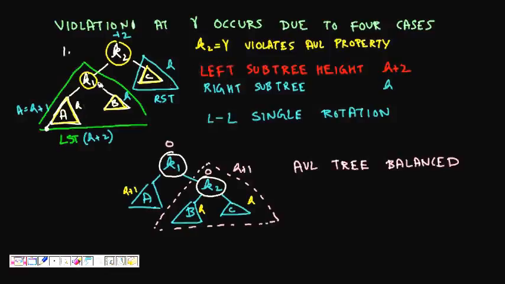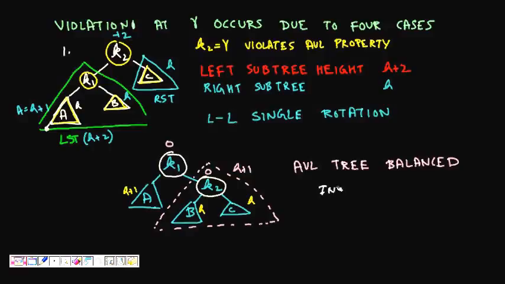So the balancing: we see the node which is violating the balance factor, and we are inserting in the left subtree of its left child.